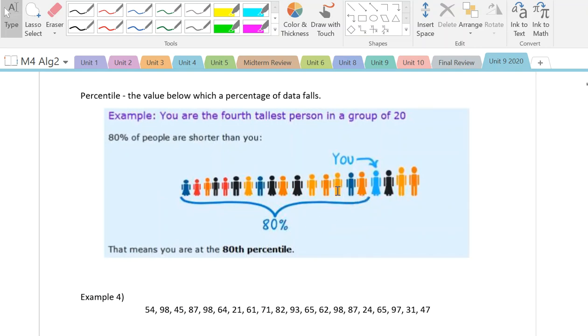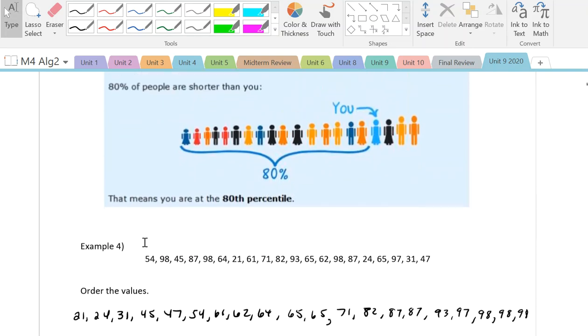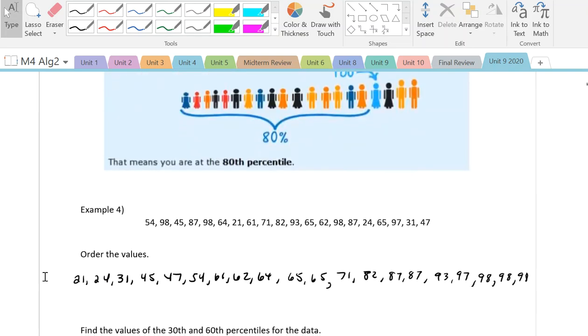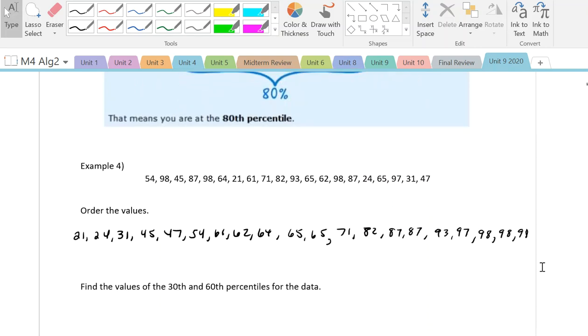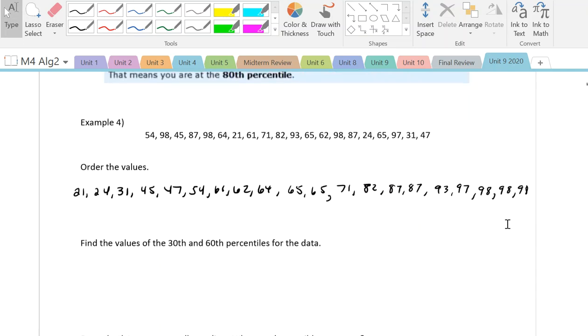Okay? So, first thing I want to do is take my list of numbers and put them in order from least to greatest. This is where that sort A is a really useful feature on the calculator. You don't have to use it though if you don't want to. So, if I want the 30th percentile, now this data set has 20 values in it.